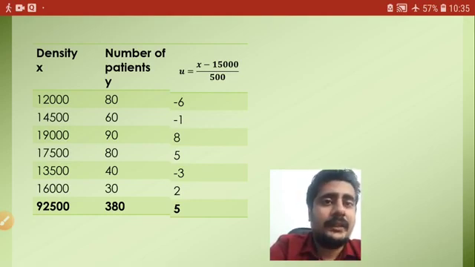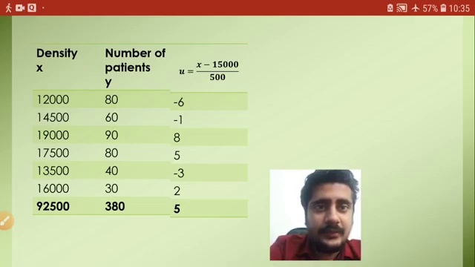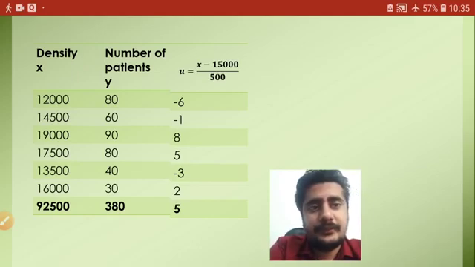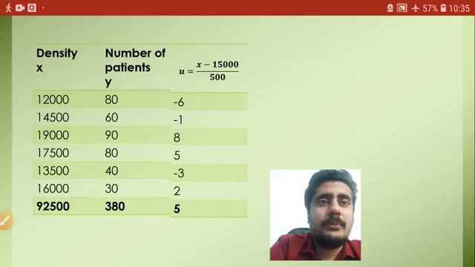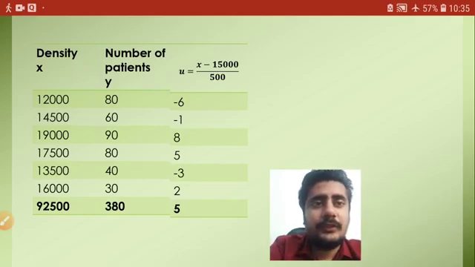Then 17,500 minus 15,000 is 2,500 upon 500, that is 5. Then 13,500 minus 15,000, minus 1,500 upon 500, that is minus 3. 16,000 minus 15,000, 1,000 upon 500, that is 2. You are writing with me, right? That's why I am quite slow.